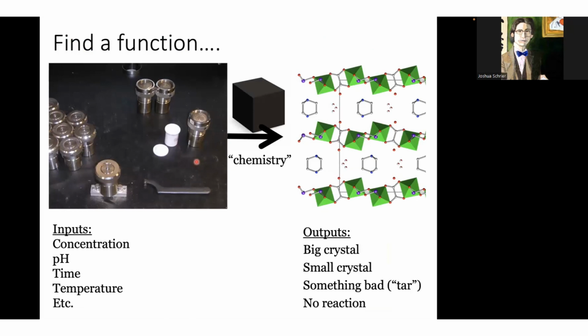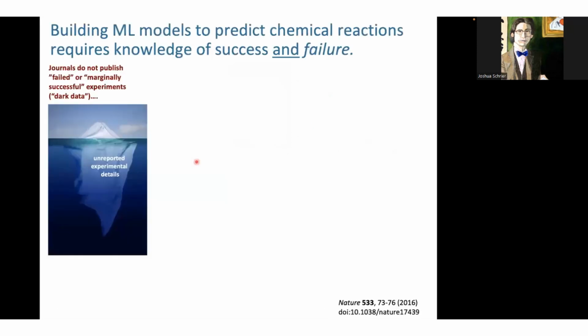And perhaps at the very coarsest level, we might just be interested in, will this recipe even produce a product at all, right? Even aside from what that product is, right? And so we could think about that as sort of our output. And then we'll try to use a machine learning approach to find that mapping. And our hope is that then that can accelerate the discovery process.